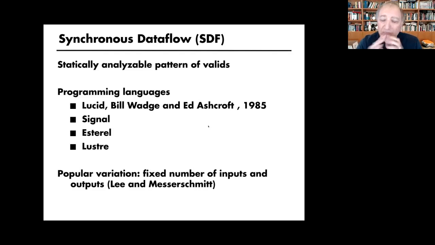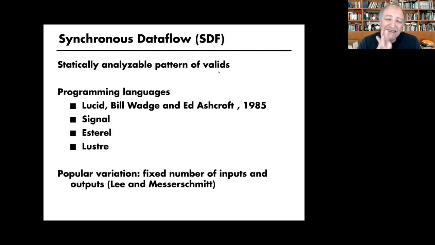Okay, but there's been a bunch of people who did various variations of what's called synchronous dataflow. Again, this is very old stuff. And one question you could ask is, is there some way to statically analyze the pattern of valids? In other words, are there programs where the valids are predetermined at compile time, if you like, and the data can just flow through?